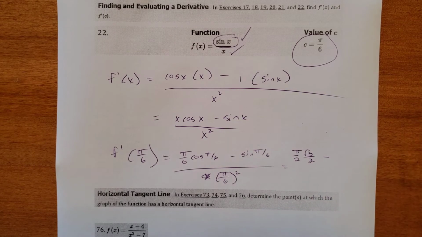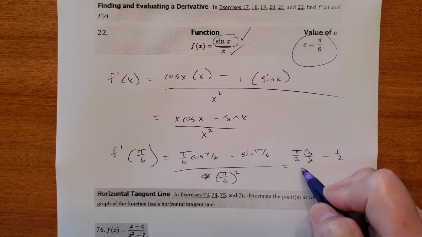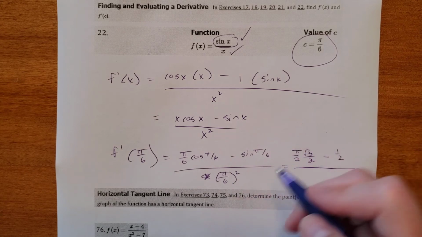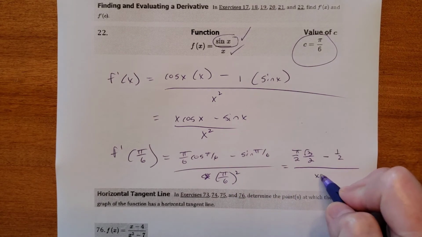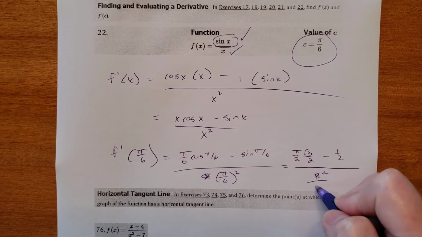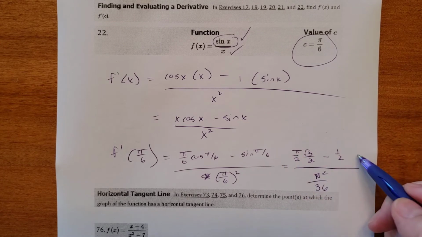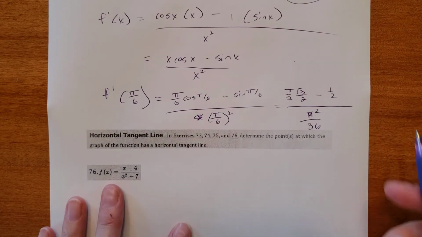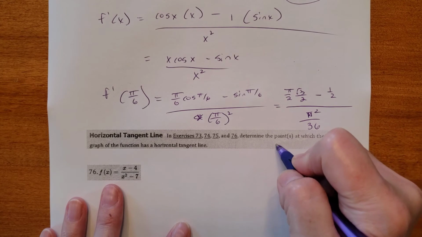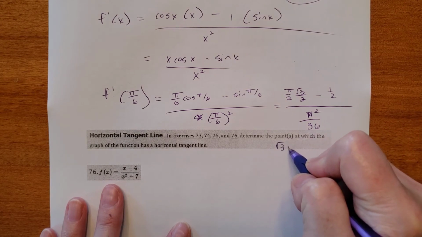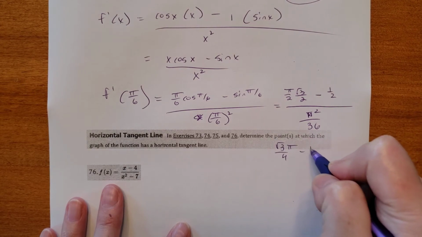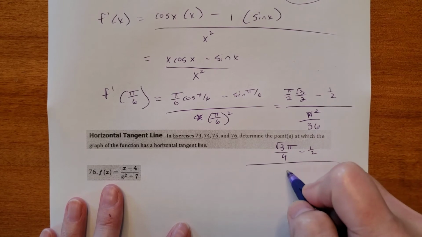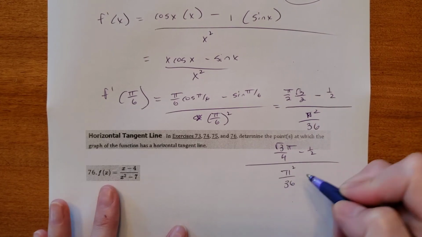And then minus 1/2, again, the first one on the unit circle, over pi squared over 36. So on the top here, we've got radical 3 pi over 12 minus 1/2, all that over pi squared over 36.